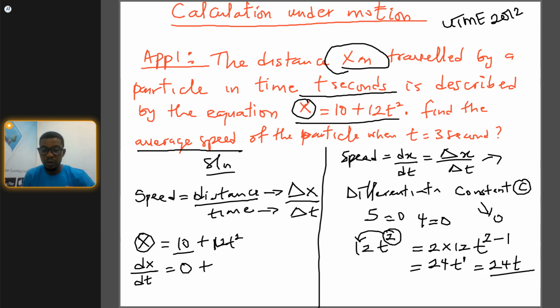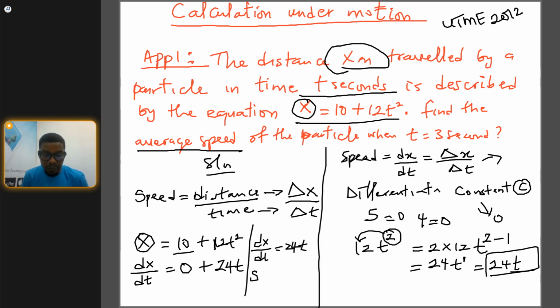24t. I believe we understand how we did that. It's just for us to multiply 2 by this 12, which gives 24, and take away 1 from the initial power. Then you have your value already differentiated. So this gives us 24t, which implies that dx over dt, which is change in distance over change in time, is equal to 24t.